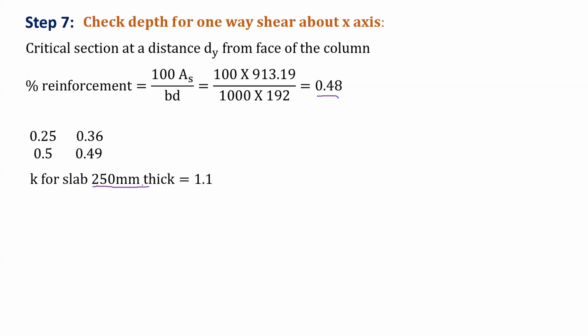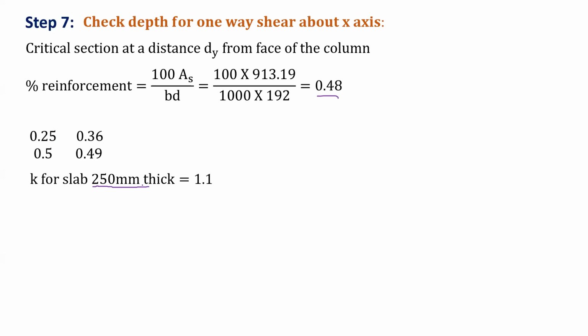We have to go through that table, and from that we will get the value of K, and for 250 we have this value as 1.1. I just remember that table. We have already seen that table in the class, and you have to use that and consider that value of K.